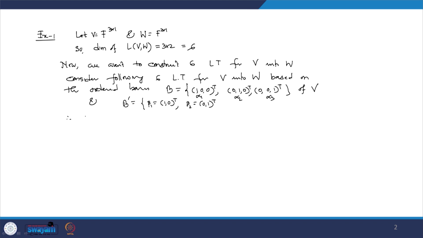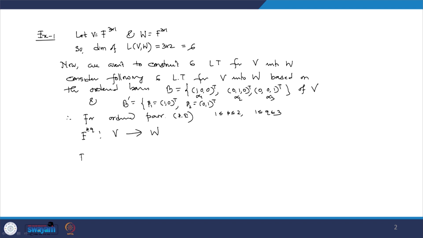So, for ordered pair PQ, okay, so 1 less than or equal to P less than or equal to 2 and 1 less than or equal to Q less than or equal to 3, I am defining E_PQ as a linear transformation from V to W as follows.